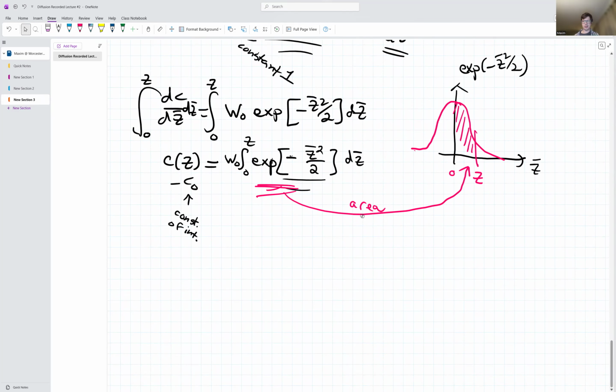I can actually show you that. Let me pull up the relevant screen here. I can just show you that integration on some computer software. Here we go.